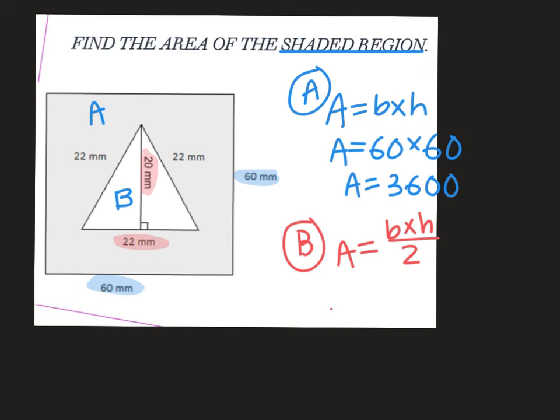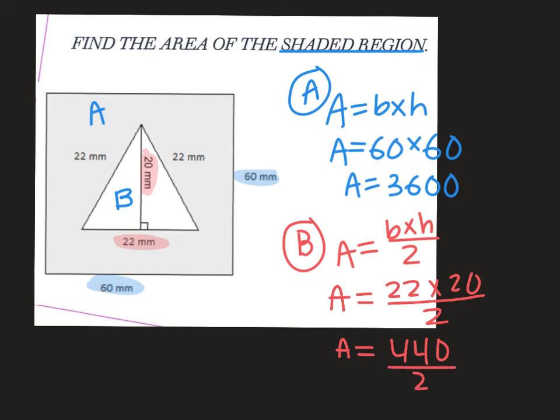So when I plug this in my formula, area equals base 22 times height 20 divided by 2. First things first, do that multiplication on top. 22 times 20 should get you 440. Bring down your divided by 2. 440 divided by 2 is 220.